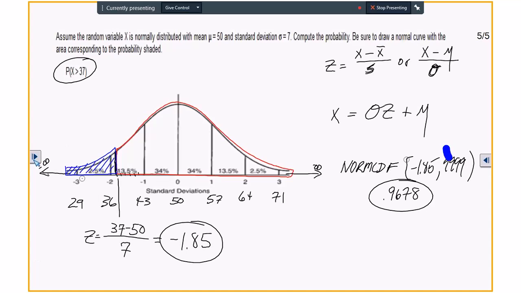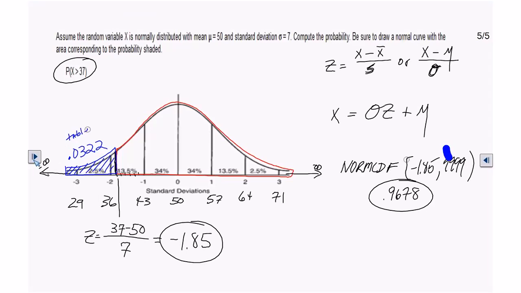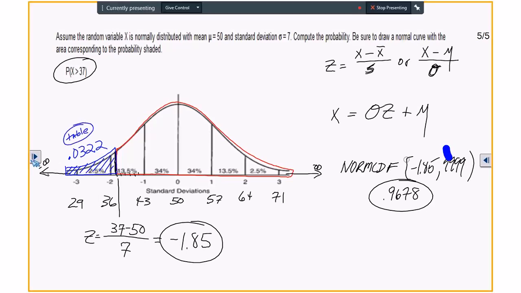So if you look in the table, you're going to get 0.0322. Somebody look it up. It should be 0.0322 or something like that.